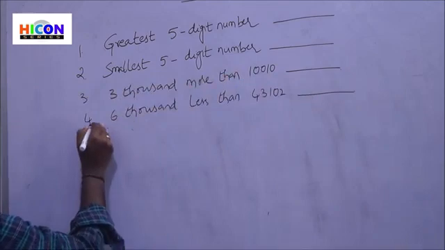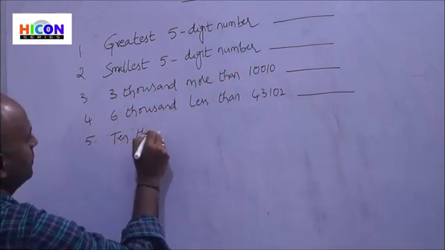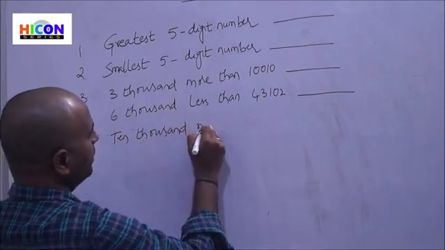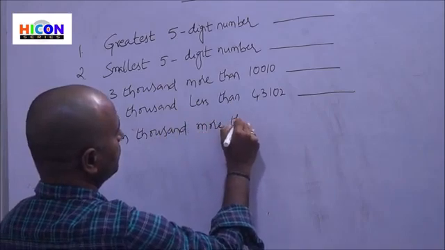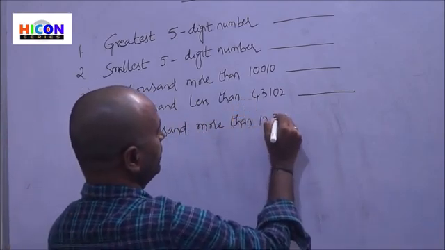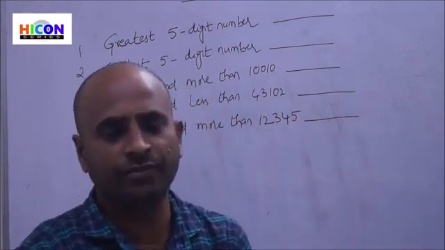And the fifth blank is 10,000 more than 12,345. So these are the fill in the blanks.